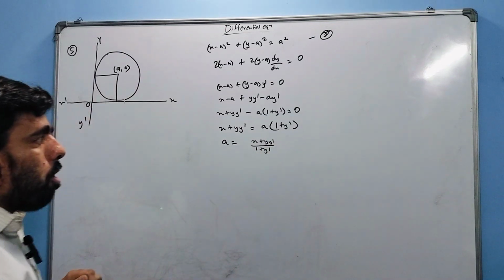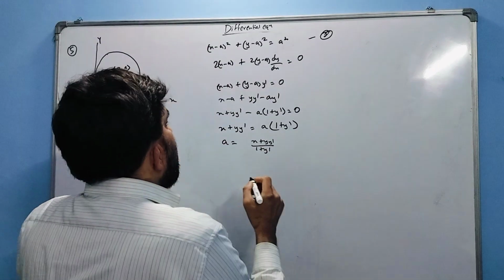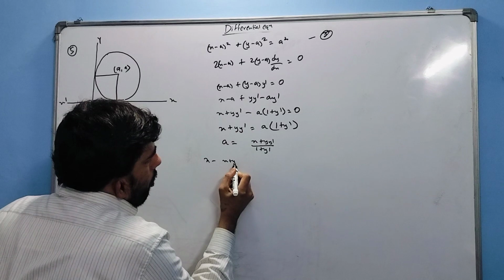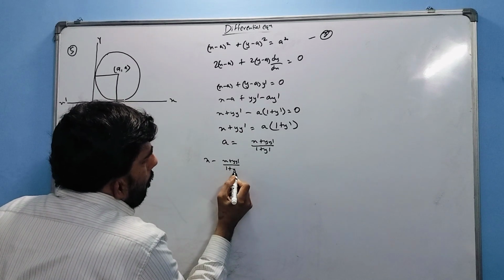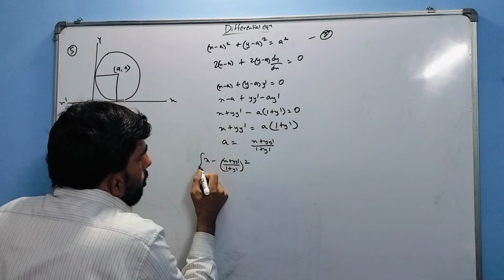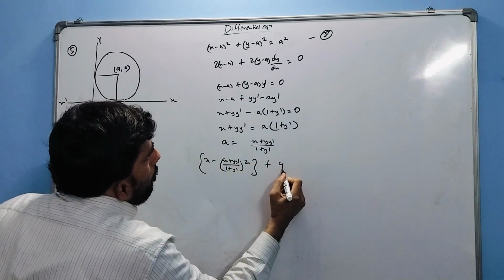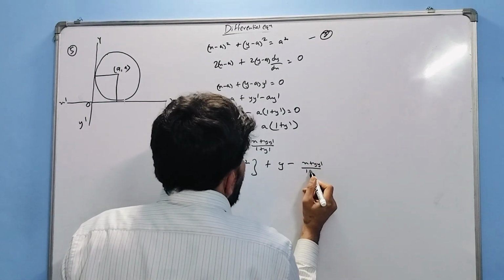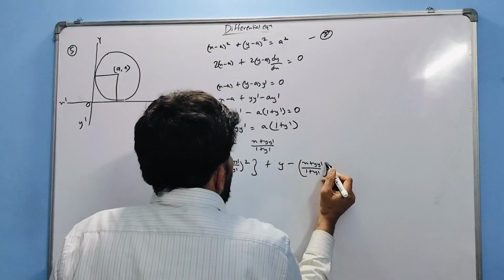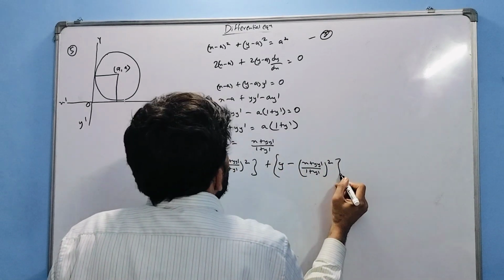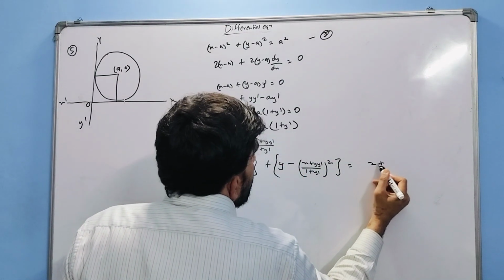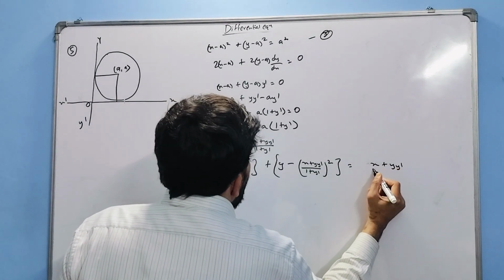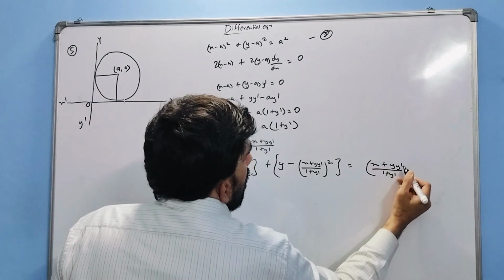Now what we'll do is put this value in the circle equation. So I get x minus a, that is x minus x plus y dash upon 1 plus y dash, whole square, plus y minus x plus y dash upon 1 plus y dash, whole square, is equal to a square, x plus y dash upon 1 plus y dash whole square.